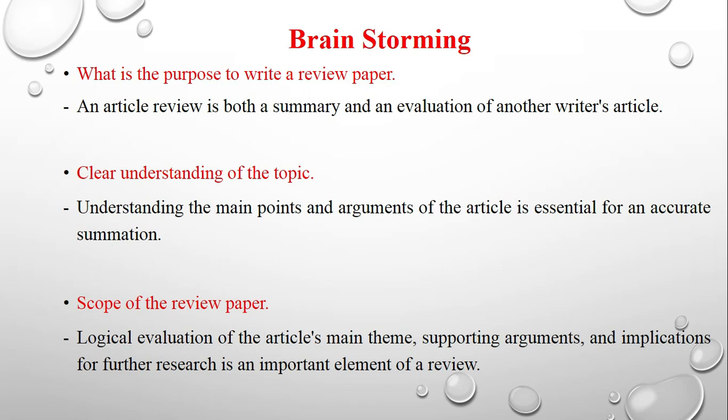You must also note the scope of the review paper, which must be a logical evaluation of the article's main theme, supporting arguments and implications for further research. These are important elements in a review paper.